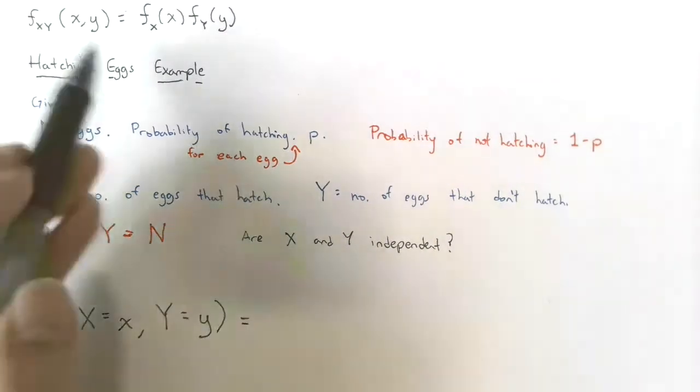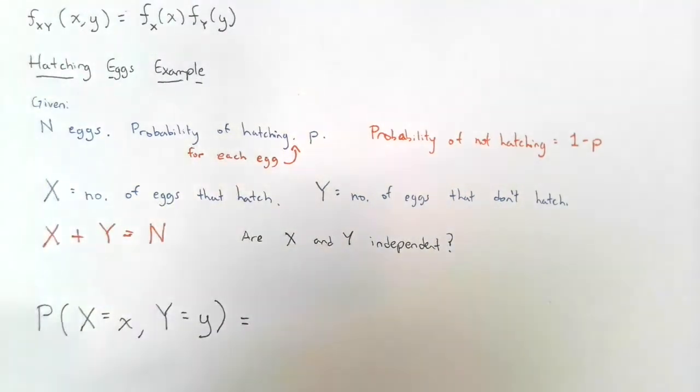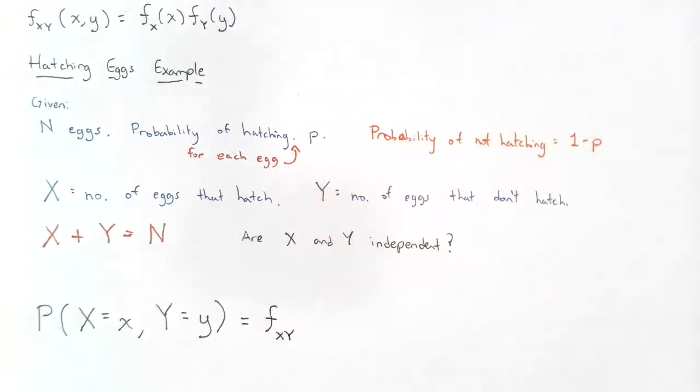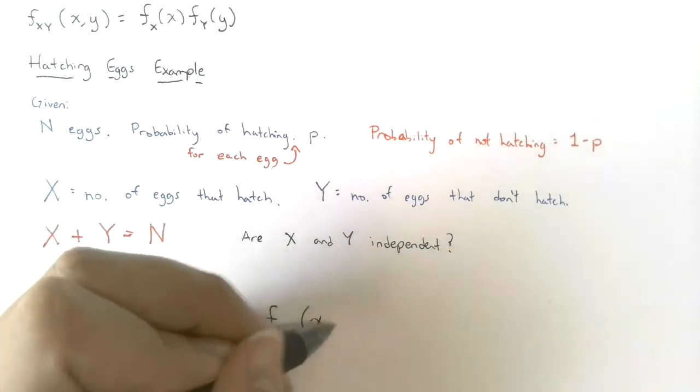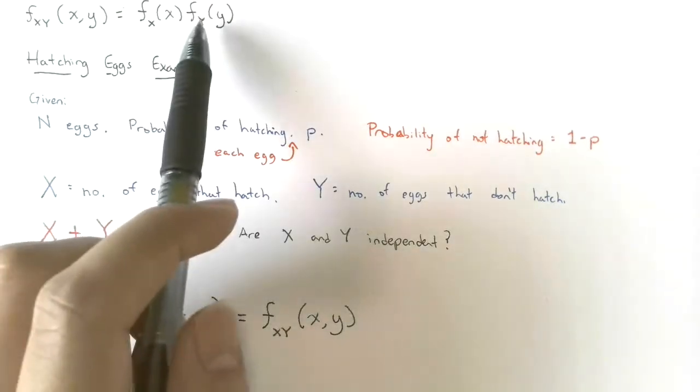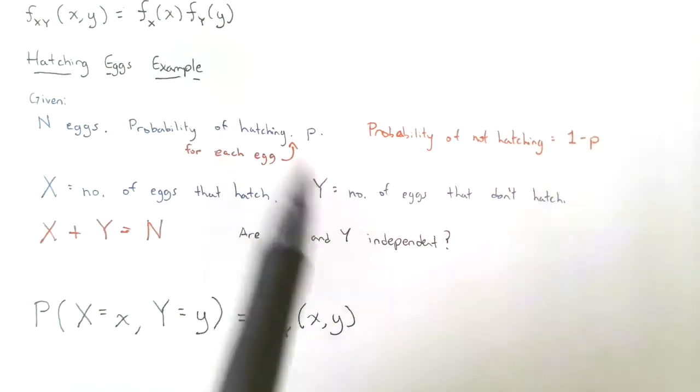Maybe another way to write this, using the joint probability notation, is f of x, y, the probability mass function of little x and little y. That's what we're looking for. If they are indeed independent, this will be equal to a function of x times a function of y.